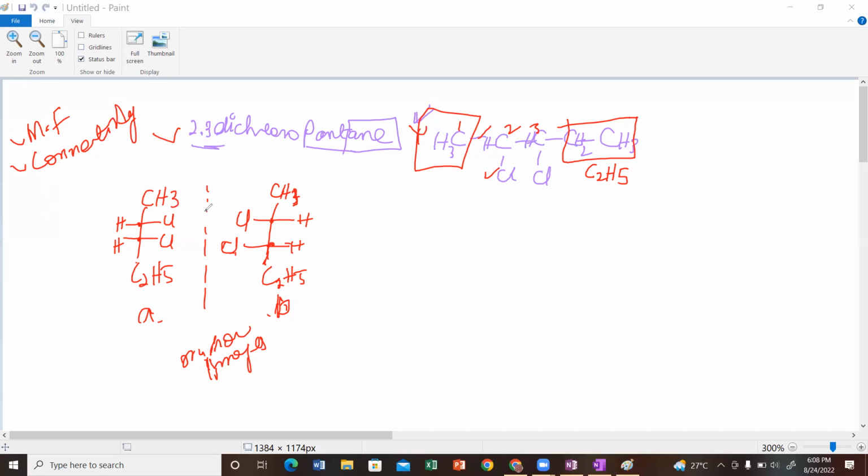And those stereoisomers that are mirror images of each other and are not superimposable are known as enantiomers. What is the definition of enantiomer? The two stereoisomers that are mirror images but not superimposable.